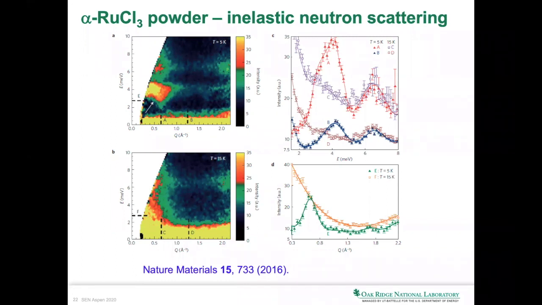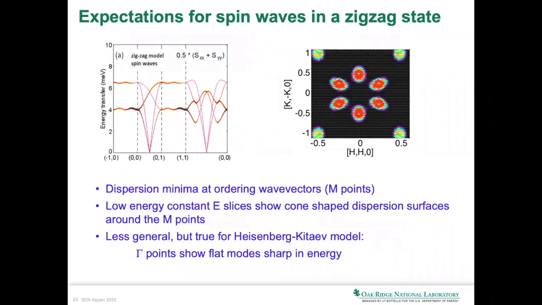But something is here. Now we can think for a minute about what spin waves would look like in one of these zigzag states. They do, of course, depend on the details of the Hamiltonian, and there are many different Hamiltonians that can get you to a zigzag state.